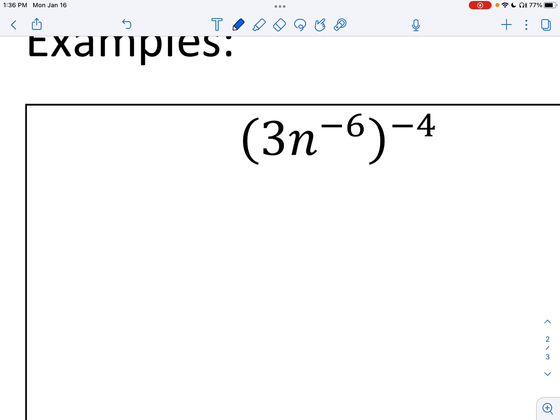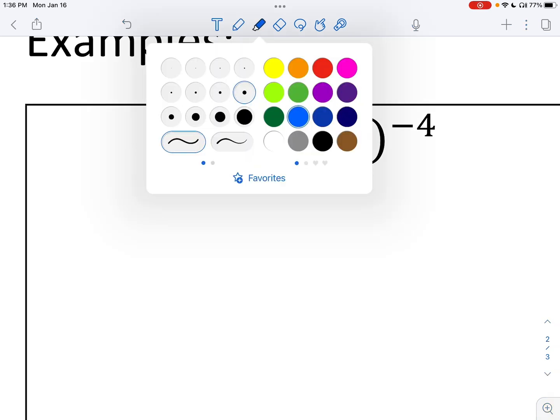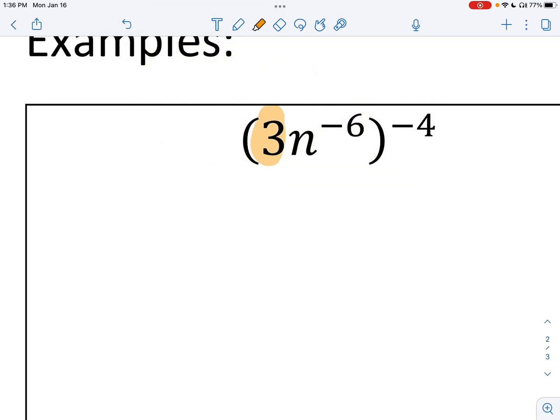We have 3n to the -6. That's the inside stuff. So I'm going to, because I love colors, do orange, do blue, and then grab a black pen. I'm going to put a 1 on this 3 because it doesn't have an exponent. I'm going to take this -4, put it like that because it's a power to a power, and take this and put it like that.